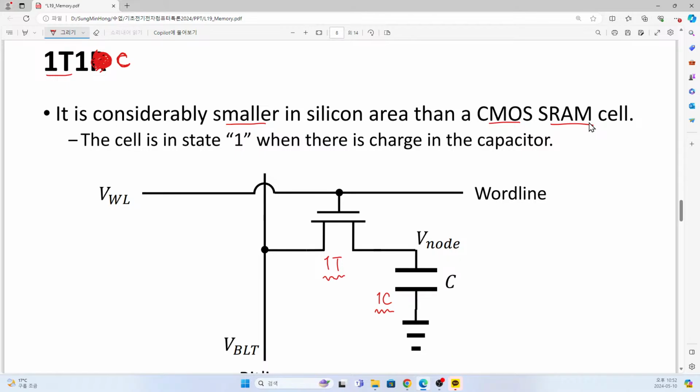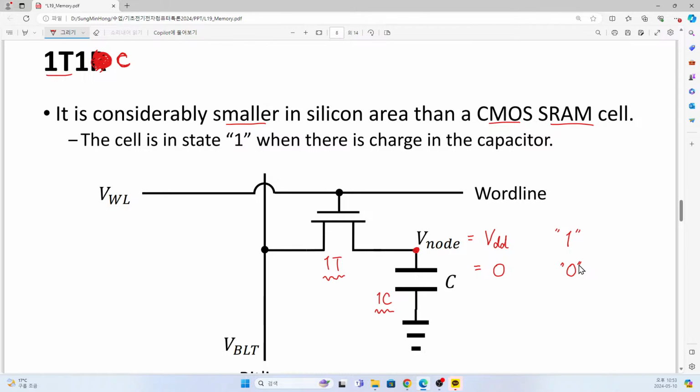Okay, then here we have a capacitor. If this V node voltage here is equal to VDD, then it corresponds to logical number 1. Or if this V node is quite close to voltage 0, then this corresponds to logical number 0.